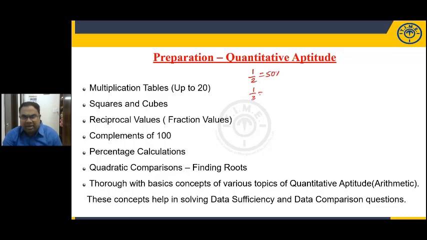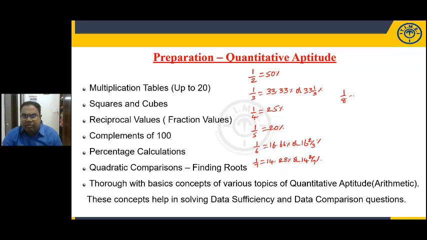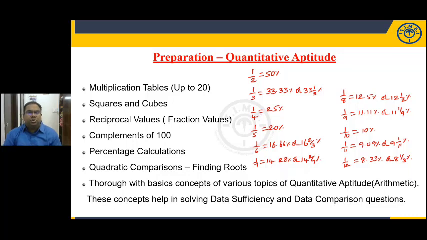We have covered all these in the speed math session we recently conducted. 1 by 3, 33.33%, or 33 1 by 3%. 1 by 4, 25%. 1 by 5, 20%. 1 by 6, 16.66% or 16 2 by 3%. 1 by 7, 14.28% or 14 2 by 7%. 1 by 8, 12.5%. 1 by 9, 11.11% or 11 1 by 9%. 1 by 10, 10%. 1 by 11, 9.09% or 9 1 by 11%. 1 by 12, 8.33% or 8 1 by 3%, including their multiples you have to study.